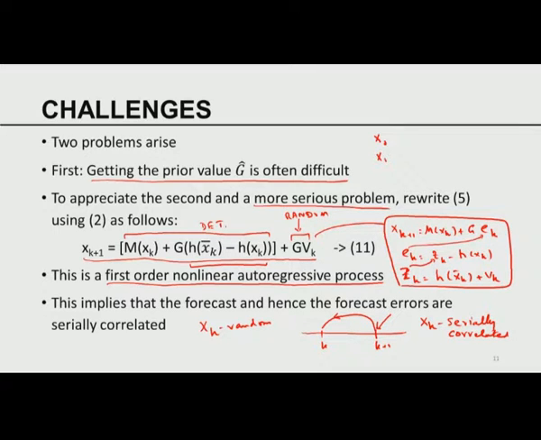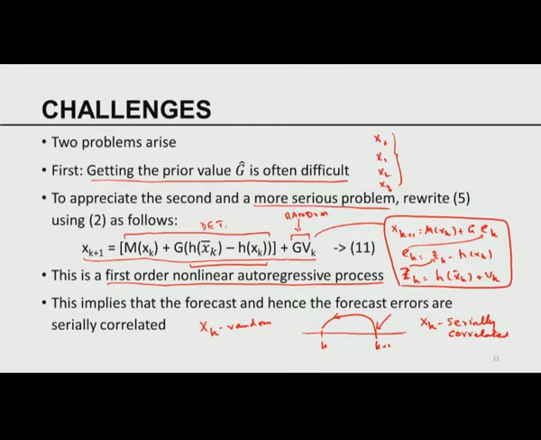X1 has the effect on x2, then x3. x3 depends on x2, x2 depends on x1, x1 is random, so x2 is random. Therefore x1 and x2 are not totally independent. x1 is a realization of a random process, x2 is a realization of a random process, x2 depends on x1. So there is a serial correlation that is induced.